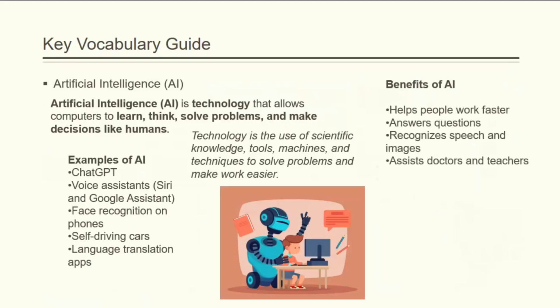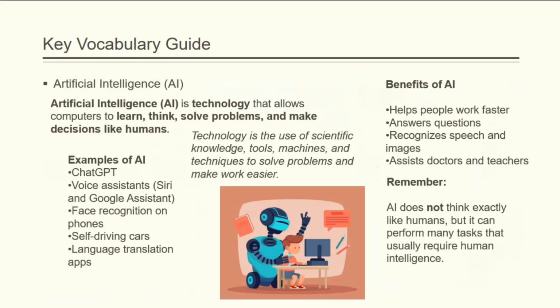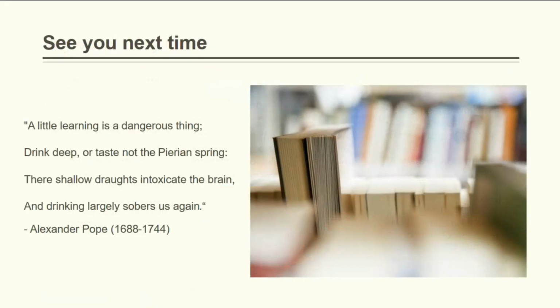What are the benefits of artificial intelligence? It helps people work faster, answers questions, recognizes speech and images, and assists doctors and teachers as well. Remember, AI does not think exactly like humans, but it can perform many tasks that usually require human intelligence.